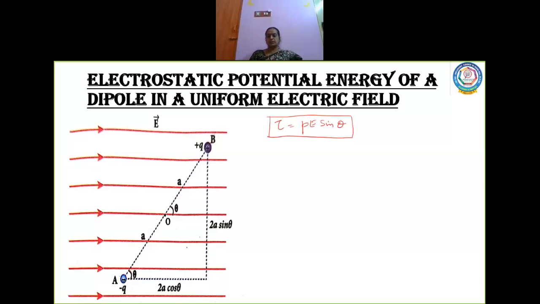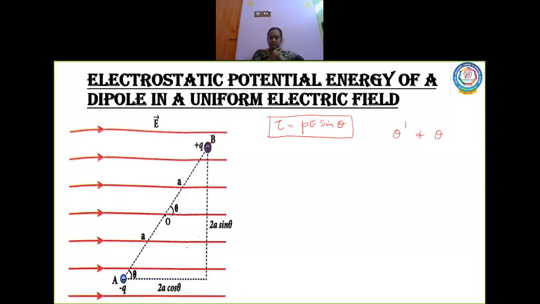So tau is equal to P E sin theta. Now I am going to rotate this dipole between two angles, theta dash and theta.